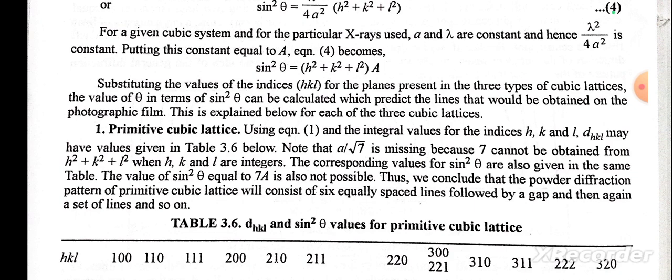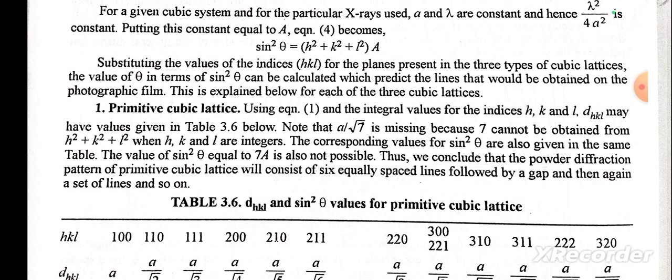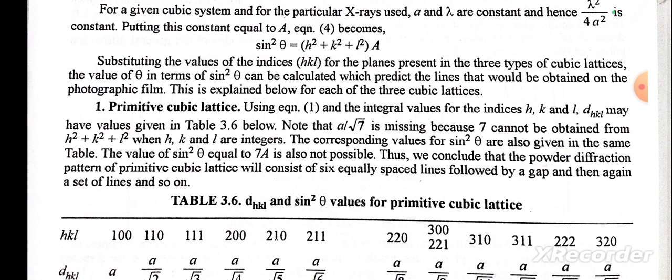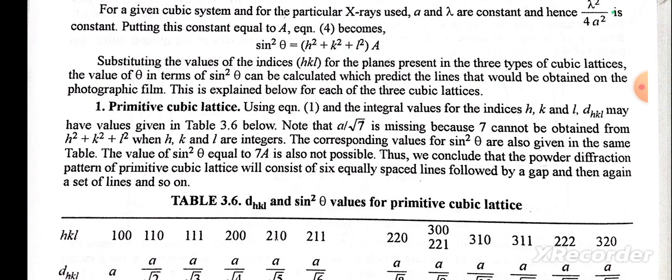Putting the constant as A, equation 4 becomes sine square theta is equal to A into h square plus k square plus l square. Substituting the values of indices of the planes present in the three types of cubic lattice, the value of theta in terms of sine square theta can be calculated, giving the lines that would be obtained on the photographic film. This can be explained below for the three cubic lattices.